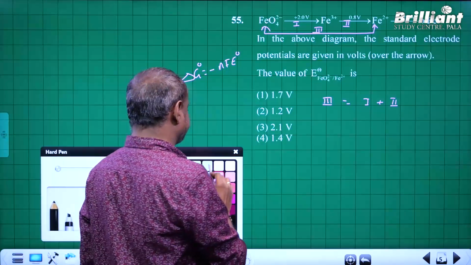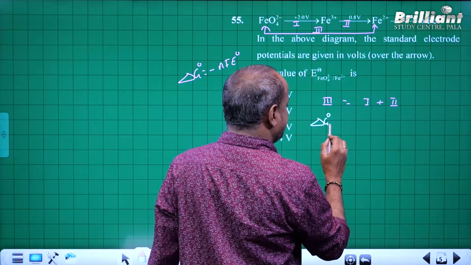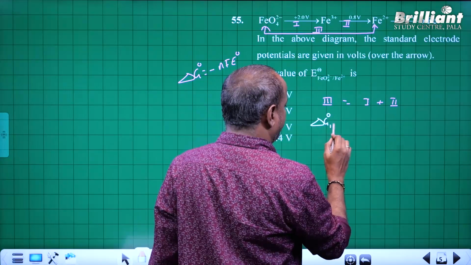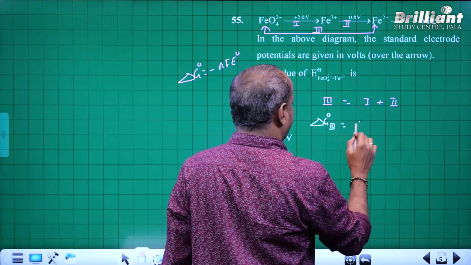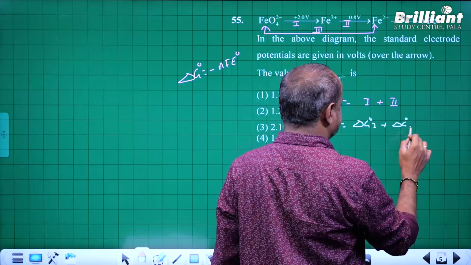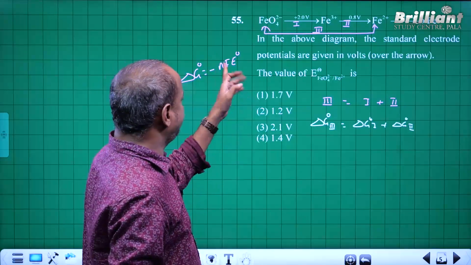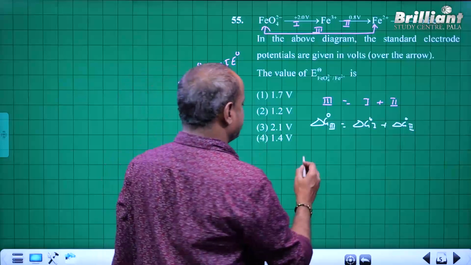Therefore, delta G0 of the third step is delta G0 of the first step plus delta G0 of the second step. Minus nFE0, F cancels, n is the number of electrons.